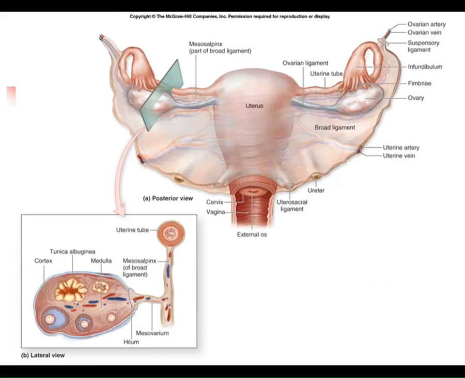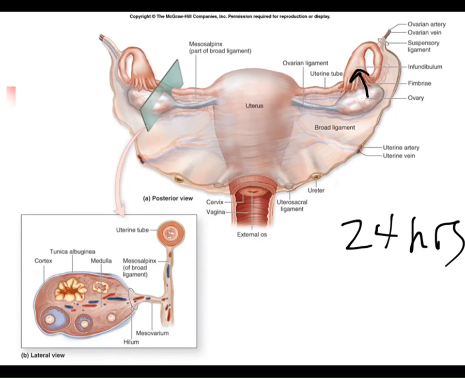So typically, the egg is released and caught by the fimbriae. And the egg will only be able to be fertilized for about 24 hours. So that means that sperm have to be there within 24 hours of ovulation, either before or after, right? Because the egg's only viable for 24 hours.